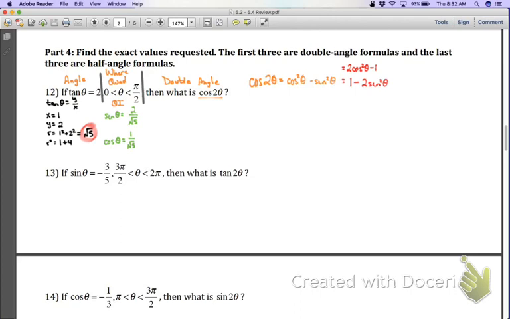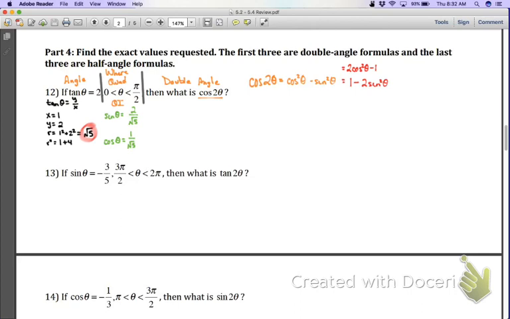Double angles, sum and difference angles, half angles, and even sum to product and product to sum all deal with sine and cosine. The only one that doesn't is tangent of a sum and a difference. Everything else deals with cosine and sine. So that's your key: making sure that you have sine and cosine of every angle that you need.